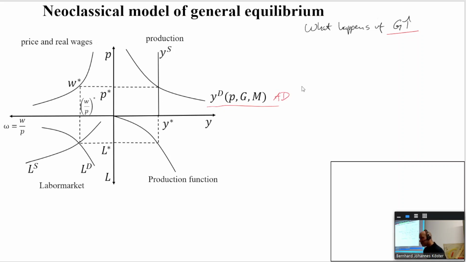And we have learned from the ASAD model, if G is increasing, then AD is going upwards, of, let's say, plus delta G of P, G plus delta G, M.